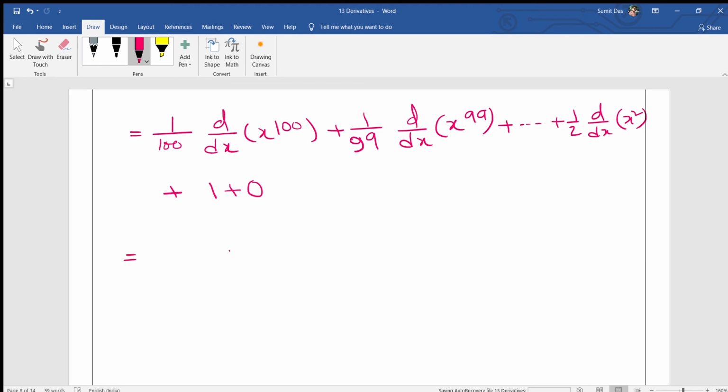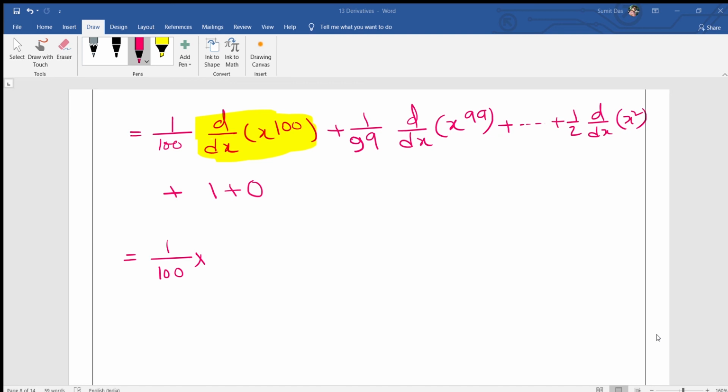What will be the derivative of x to the power 100? This one, the yellow highlighted one. Let me know what the answer will be. It should be in a fraction of a second.